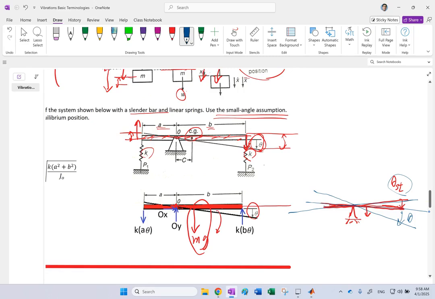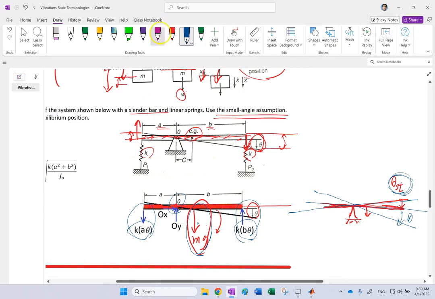And if that's the case, when you write the sum of the moments about point O, not only these two will have moment, mg will also have moment, but the moment of mg will be cancelled by the moment of these spring forces that initially were created by theta static.